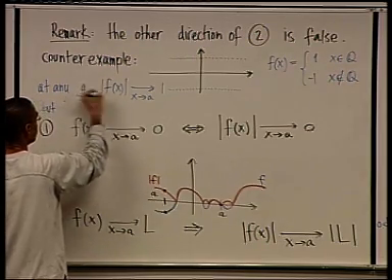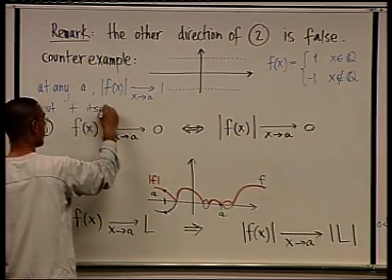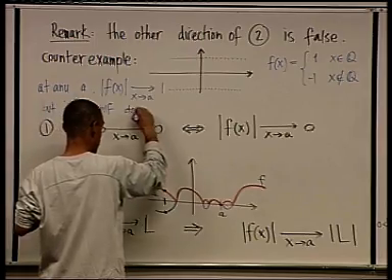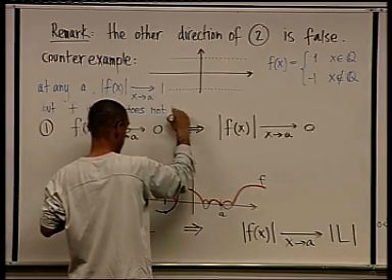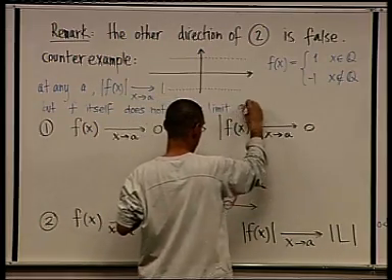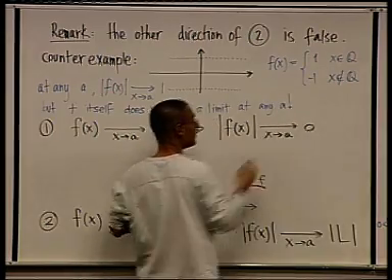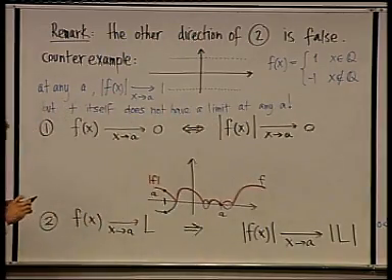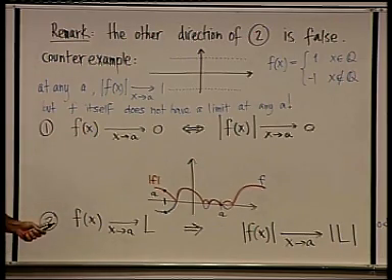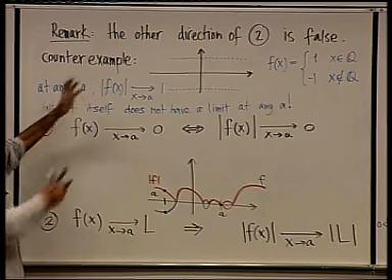But f itself does not have a limit at any a. This example is so good that you don't even have to specify a specific point where it would be a counterexample.